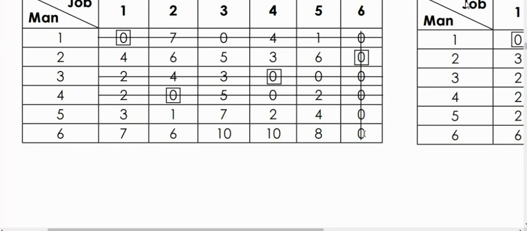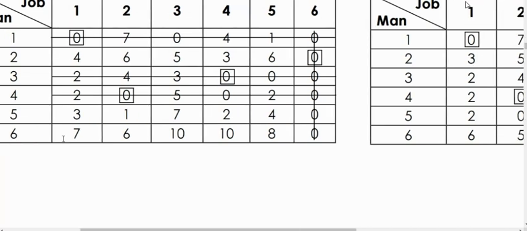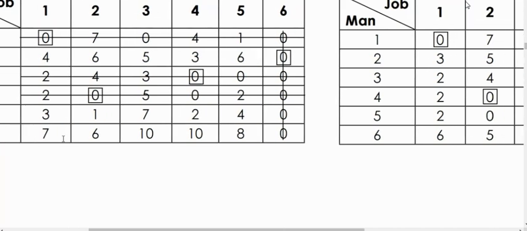So now we have 2 jobs remaining and we have 2 men remaining. The 2 jobs that are remaining are the third job and the fifth job. And the 2 men that are remaining are the fifth man and the sixth man. So after this, what would I do now? After this, I would again start from step 1.